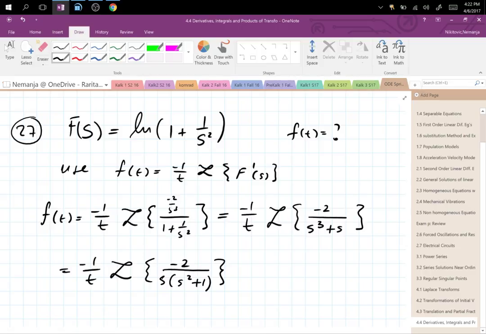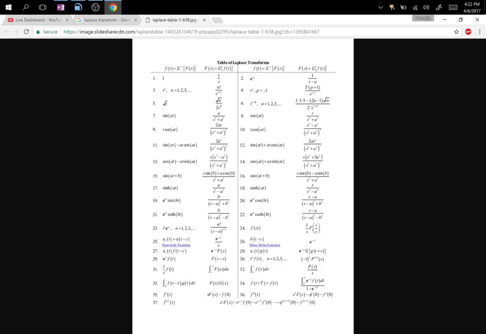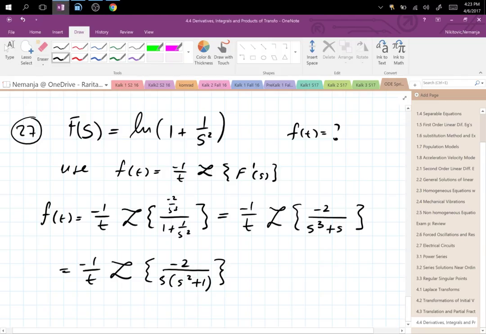Now you can use your partial fraction decomposition, but you can also do convolution, right? Because you have a product of two of these. So if you take a look again at the chart, you have negative 2 over s squared plus 1, I believe. So negative 2 over, it's a sine, right? So this could be now further computed as this.